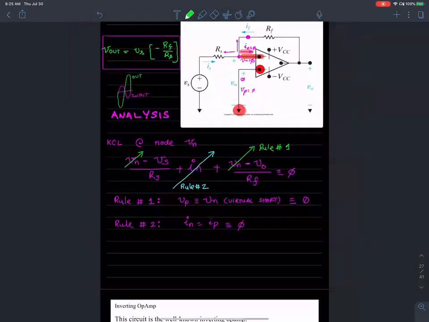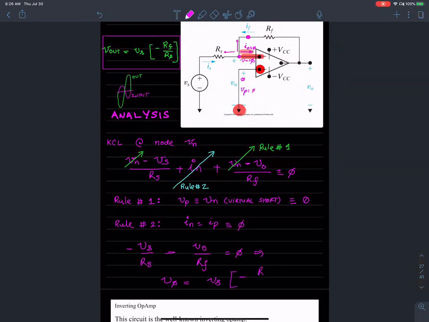So if I rewrite this equation, it's going to rewrite as Vs over Rs minus V naught over Rf equals 0. And it's easy to rearrange them such that V output equals Vs times negative Rf over Rs.